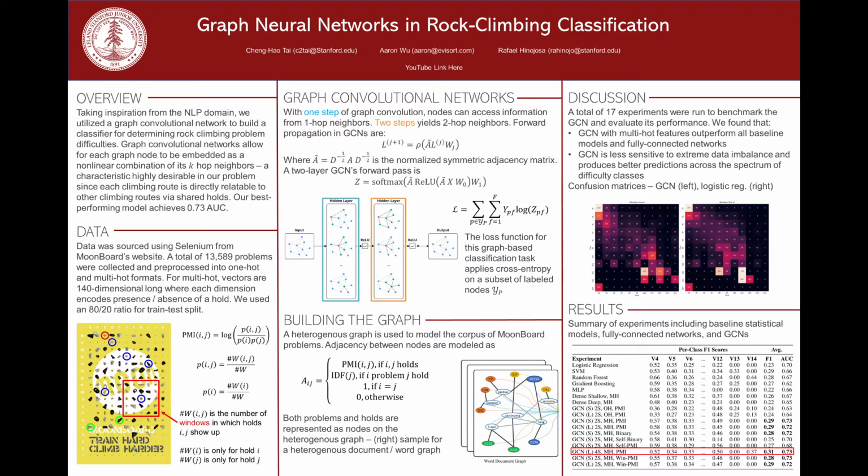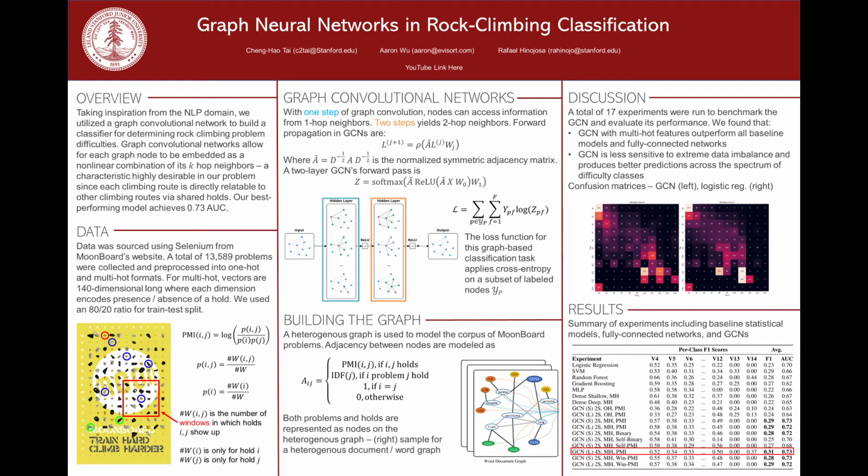At 2 steps, every single node has access to information 2 hops away, and so on and so forth. For a graph classification task, we use a modified version of the cross entropy loss function that only takes into consideration the loss from labeled nodes, because not all these nodes are going to be labeled. Some are going to be holds, and some are going to be problems.